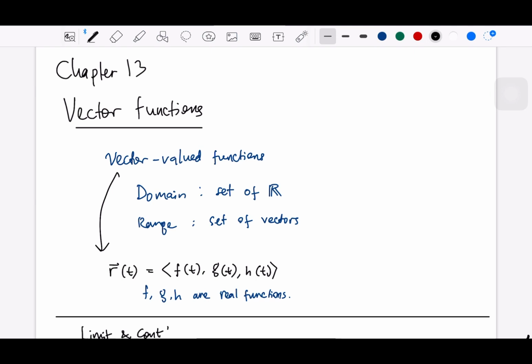Your calculus 1 was about single variable calculus, and now calculus 2 is what we call multi-variable calculus, where the description is not only on one single variable.